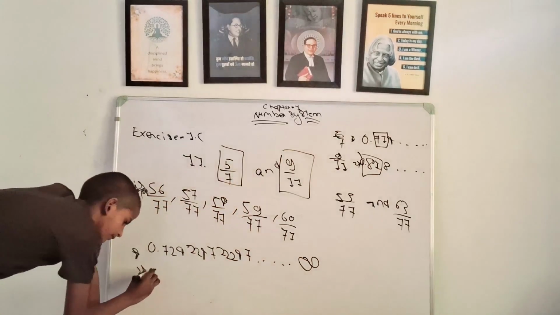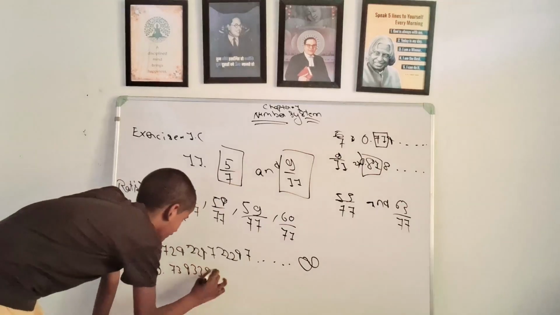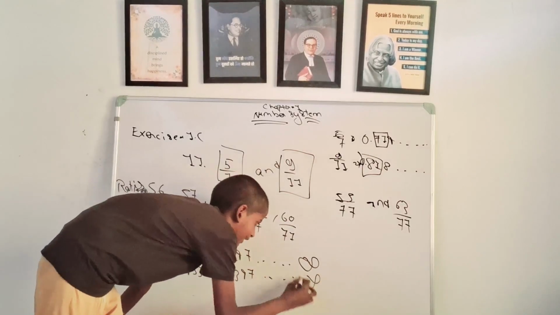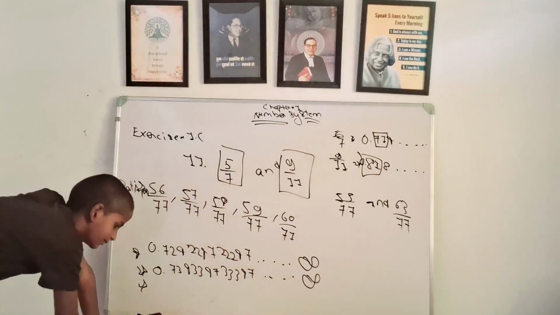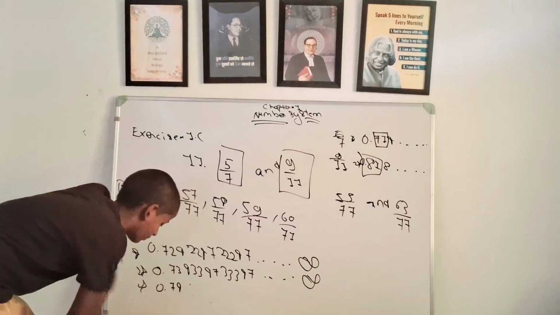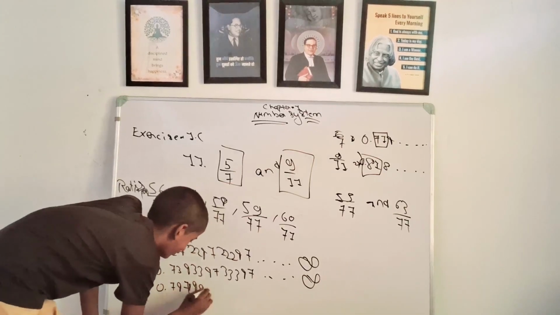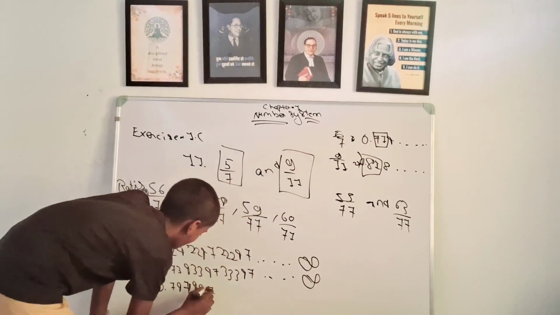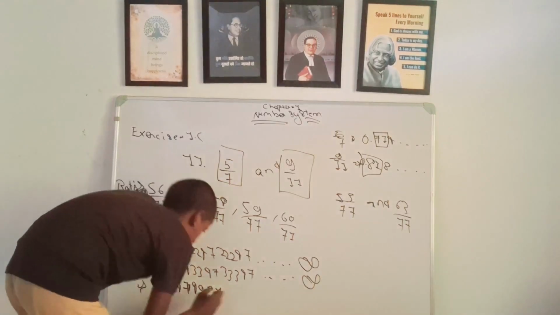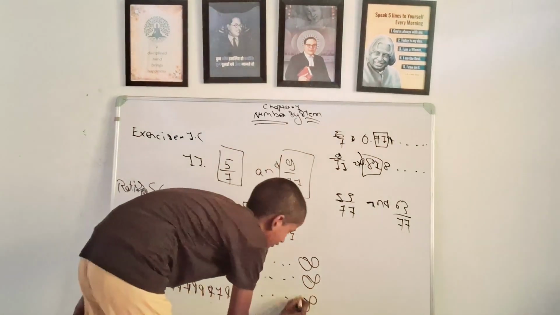And the second is 0.734, 0.7334, 0.73347, dot dot dot, infinite. And our third is 0.74, 0.747, 0.7447, 0.74447, dot dot dot, infinite.